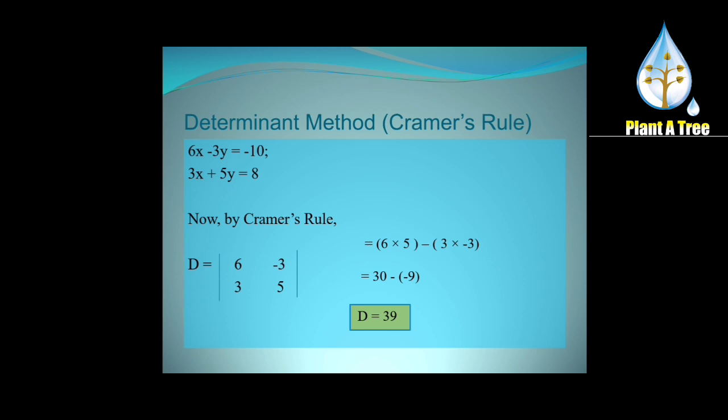So we take the coefficients of x and y and arrange them in the form of a determinant. Finding the value of D: 6 into 5 minus 3 into minus 3. Here 6 into 5 is 30, minus minus 9 becomes plus 9, and the value of the determinant will be 39.